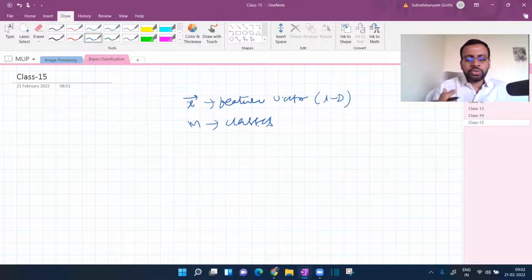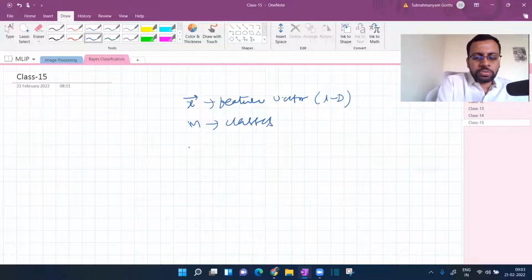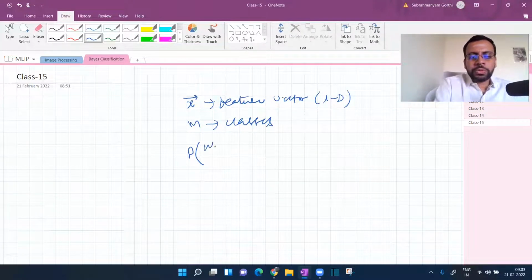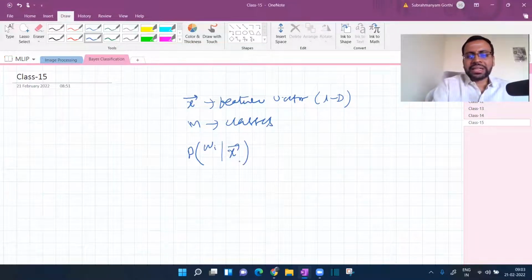In order to do that, the way you will do it in the Bayesian framework is you would be computing the probability of omega i given x bar. These classes are represented by omega 1, omega 2, and so on till omega m.